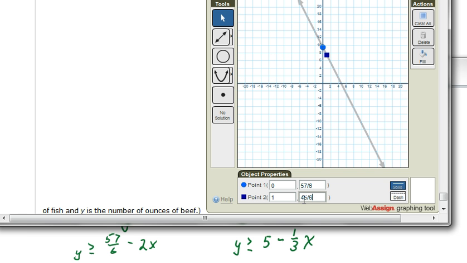And we need greater than or equal to, so we'll leave that as a solid line.